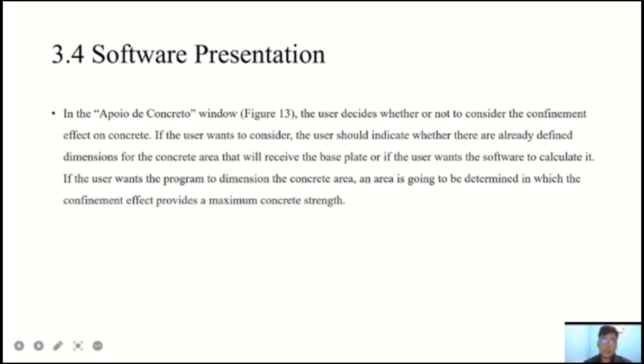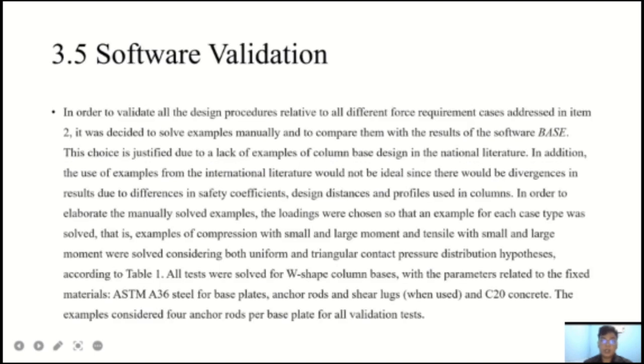Software validation. In order to validate all the design procedure related to all different force requirement cases addressed in item 2, it was decided to solve examples manually and compare them with the results of the software. This choice is justified due to the lack of examples of column base design in national literature.